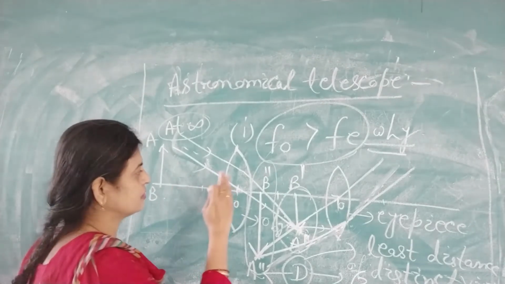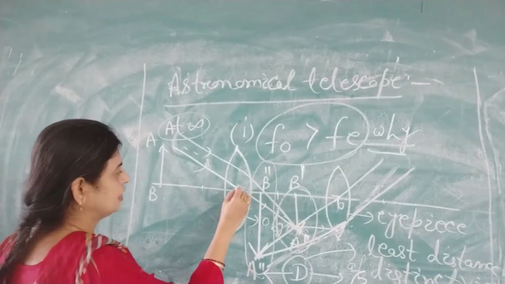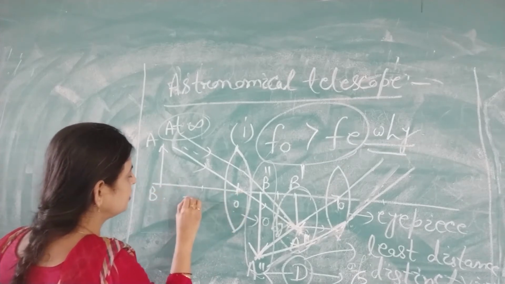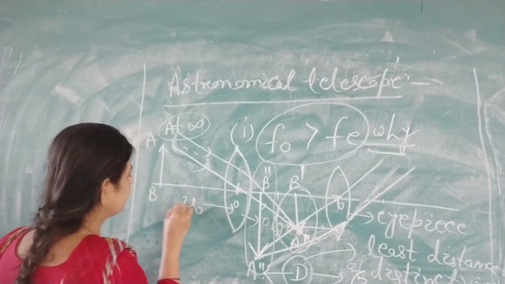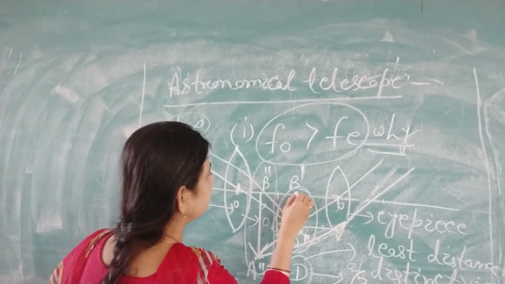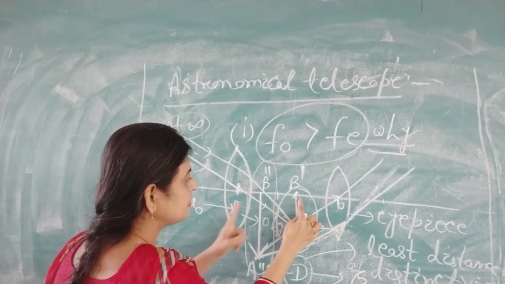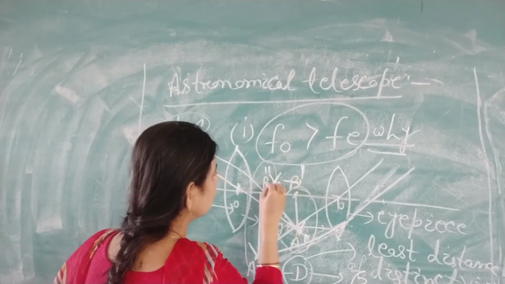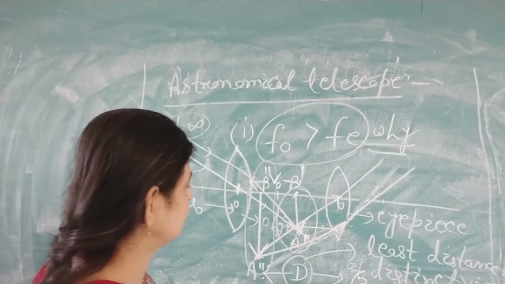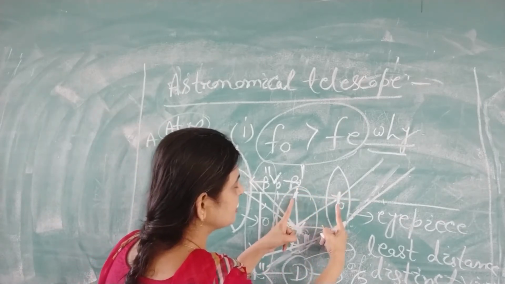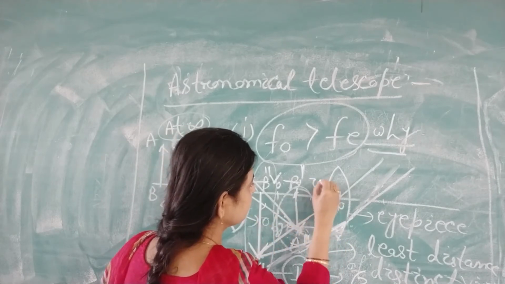Now you can mark the different quantities. Here, the object distance for the objective is OB, that is QO, and OB dash is the image distance for the objective, that means BO. Similarly, this is the object distance for the eyepiece.